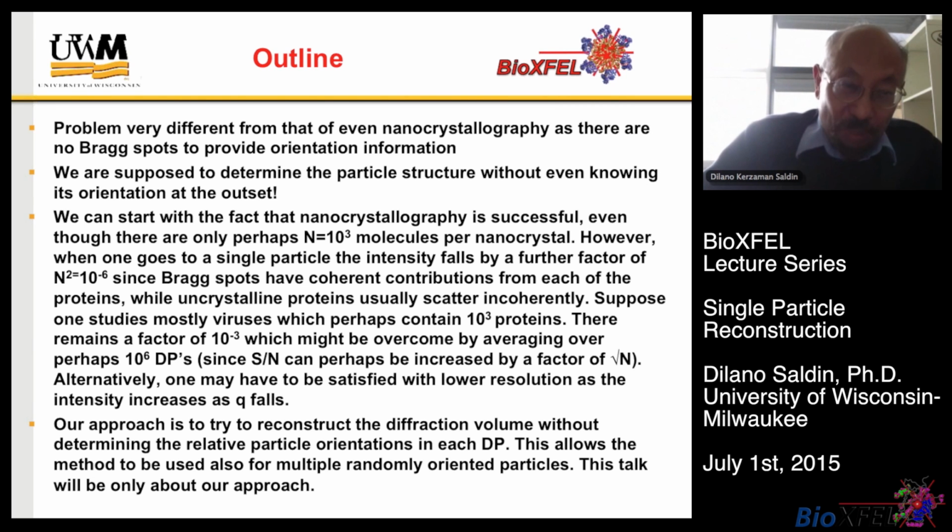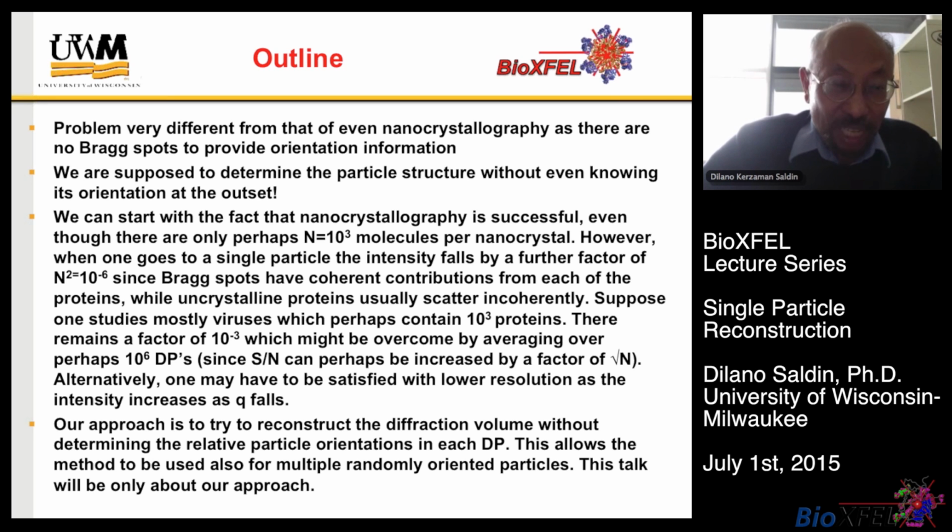Now, there's another problem, and that is that the signals we expect are going to be very weak. So let's understand this by starting off with nanocrystallography, which is a very successful technique. But in nanocrystallography, there are perhaps 1,000 molecules per nanocrystal.